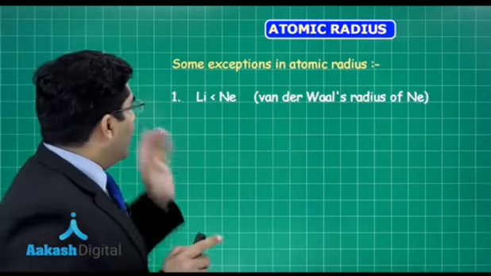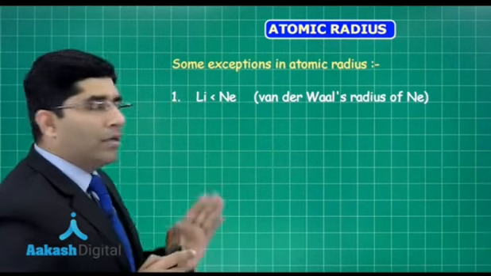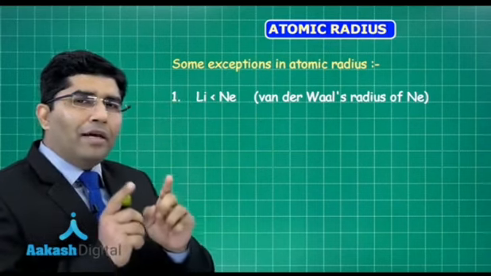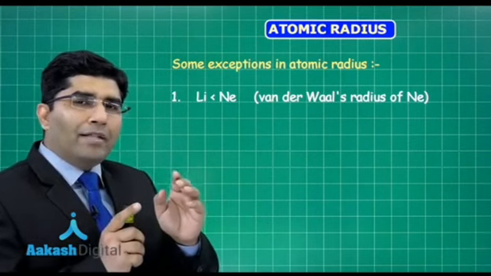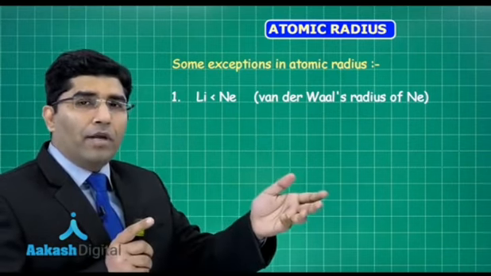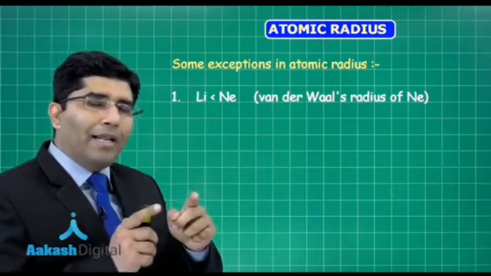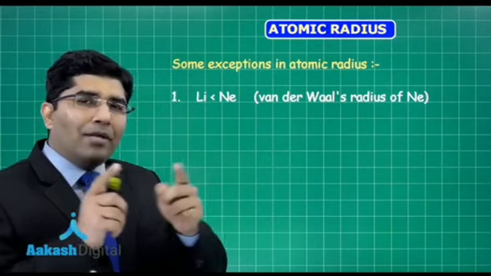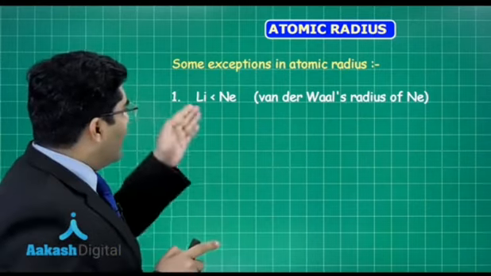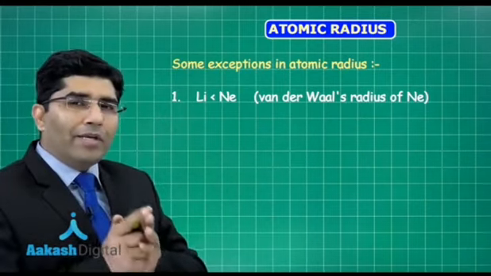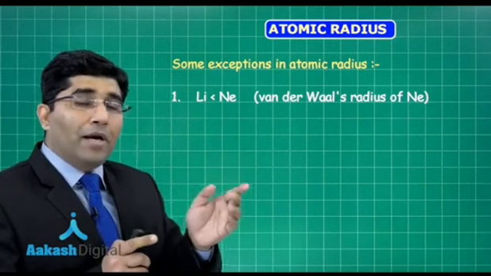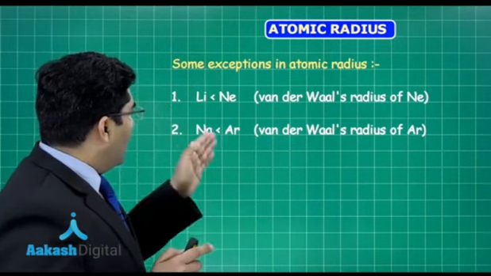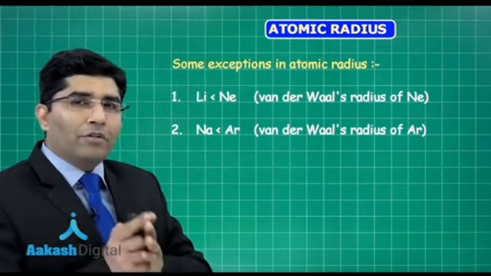If we consider lithium and neon in the second period, for neon we find the van der Waals radius, and since lithium is a metal, we find the metallic radius of lithium. If we compare the values, the radius of neon is bigger than that of lithium. Similarly, in the third period, argon is bigger than sodium.